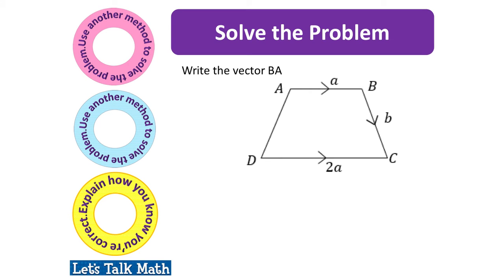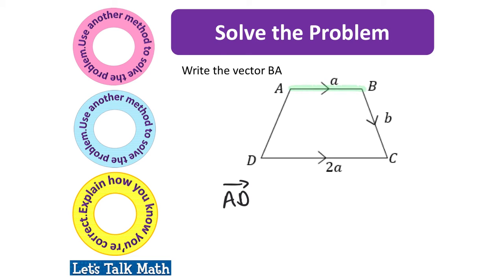Okay, for this one, I want us to write the vector AD. What is AD, please? Okay, so how do I get from A to D? Well, if I look, A to D, there's nothing here. It doesn't tell us what this is, does it? Okay, so I need to look for another way to get from A to D. Give me another way. There's A plus B plus 2A.